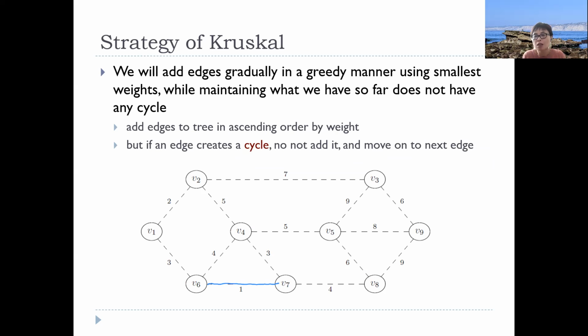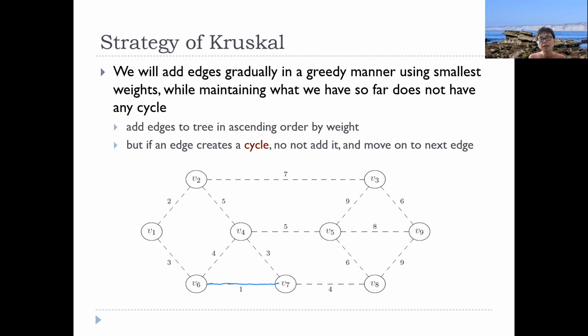It's the cheapest, has the smallest weight. So since I want to keep the total spanning tree cost low, I want to add the smallest weight first. But at the same time, I cannot just keep adding the smallest weight. I also have to make sure that as I grow my tree edge by edge, if at any moment I add an edge and it causes a cycle, then it's not a tree anymore, so I need to throw it out.